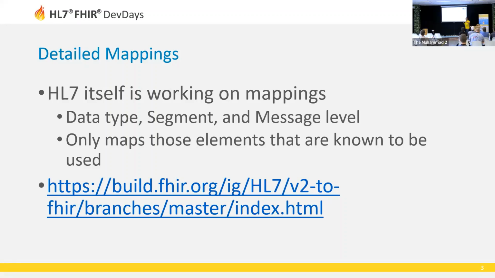But this is just mapping the information model, essentially as if we are translating version 2 messages to FHIR messages. Okay, that's cool, but that's not our use case here. The use case I'm using is version 2 data to essentially populate a clinical data repository, something that quite a lot of healthcare providers are actually doing.